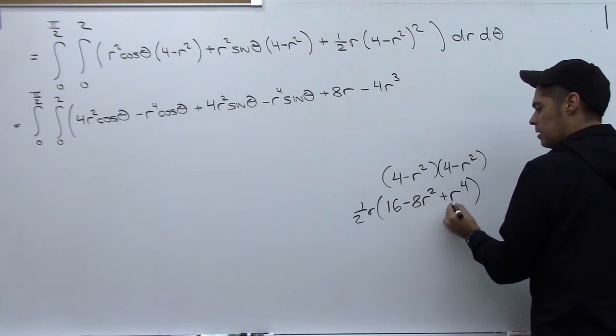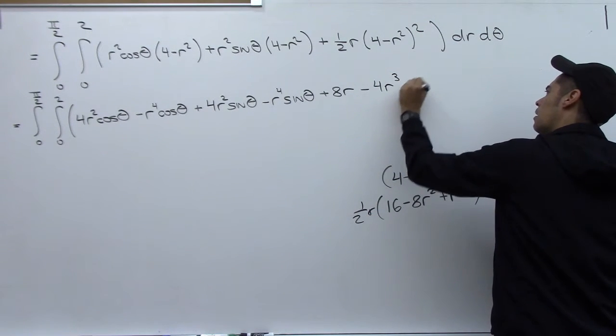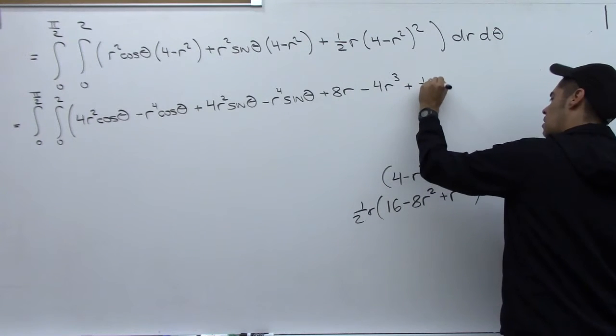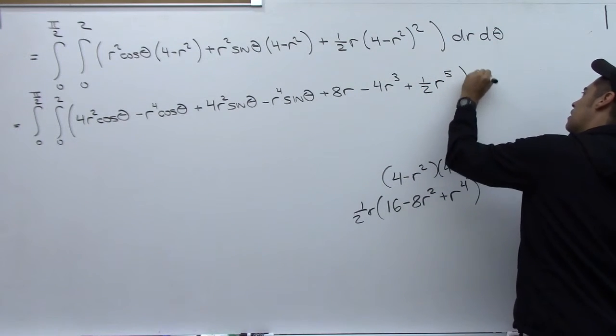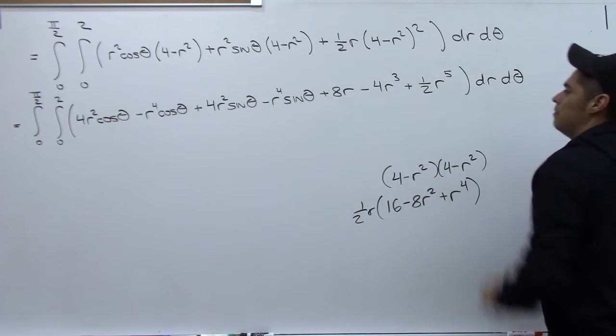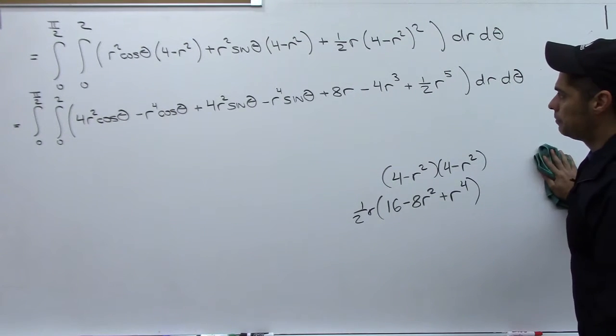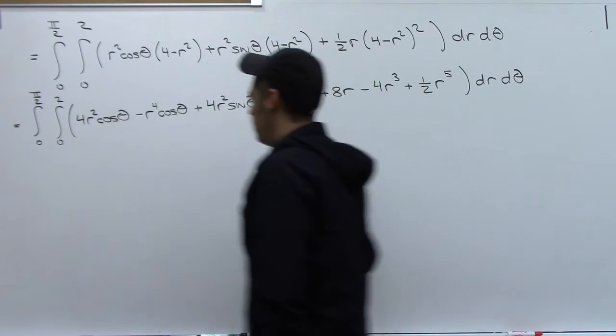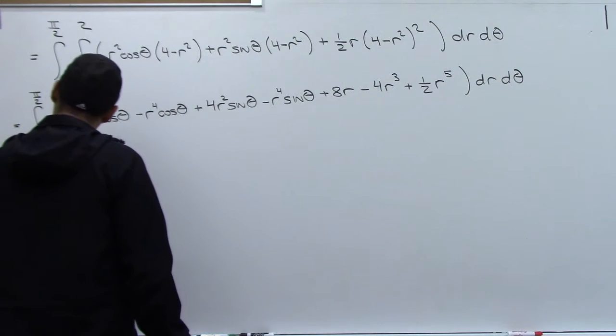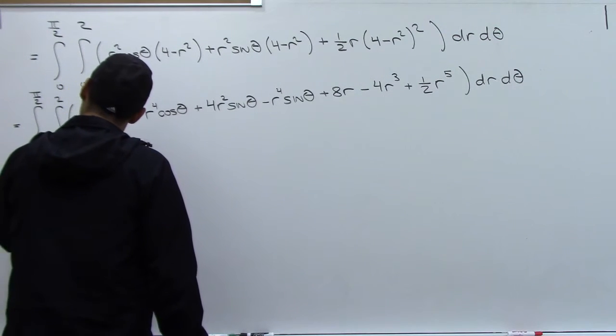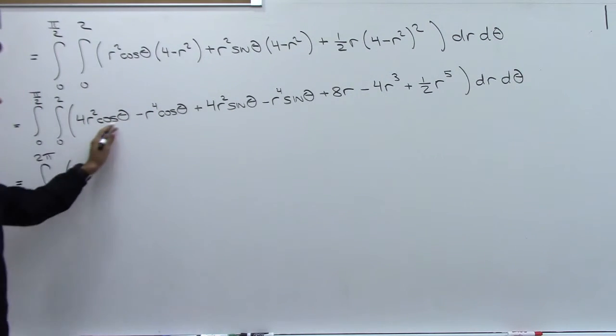And I'm going to get plus 1/2 r to the 5th, dr d theta. Antiderivative of this with respect to r is next. All right, so remember cosine theta is a constant.